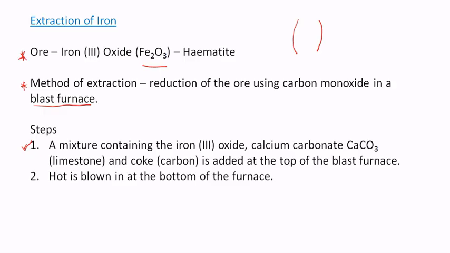We have the ore, iron trioxide, calcium carbonate, and coke being added at the top of the furnace. We have heat here, and we say it's a blast furnace because a blast of hot air is blown in at the bottom of the furnace.